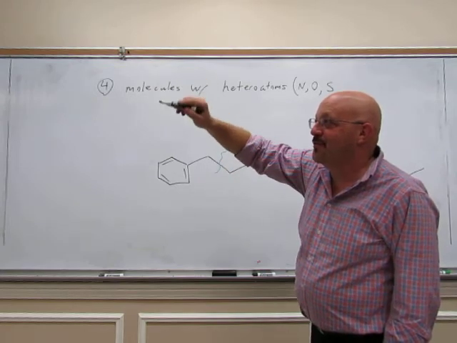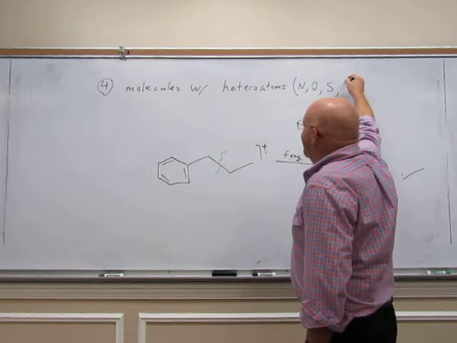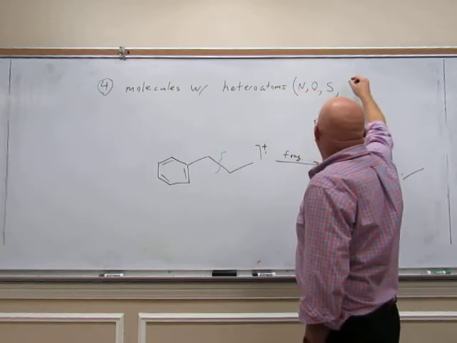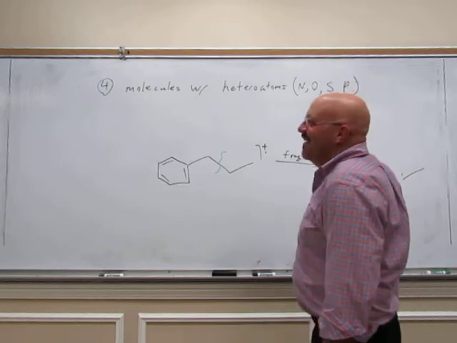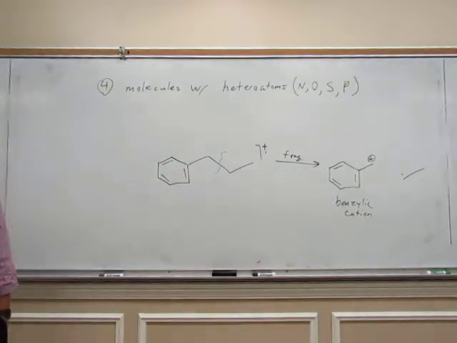So oxygen and sulfur is about the same. What's my last one then? Phosphorus. Thank you. It's right under the nitrogen, so it's very similar to the nitrogen. Your heteroatoms are the atoms that have lone pairs on them. That's your heteroatoms. They have a lone pair.